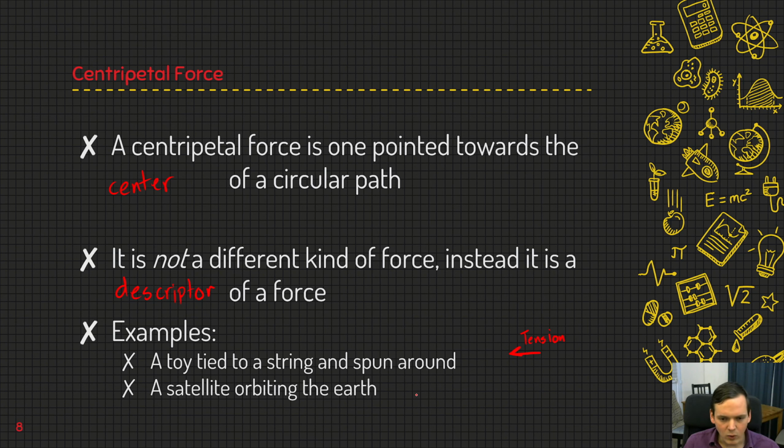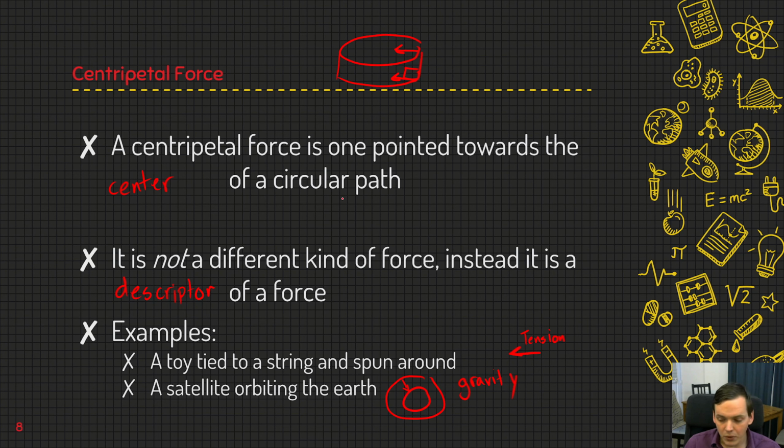With a satellite orbiting the Earth, we have gravity always pulling us towards the center, right? So in this case gravity serves as a centripetal force. We could also have some interesting situations where something that's spinning might have a normal force and a frictional force pushing on it.